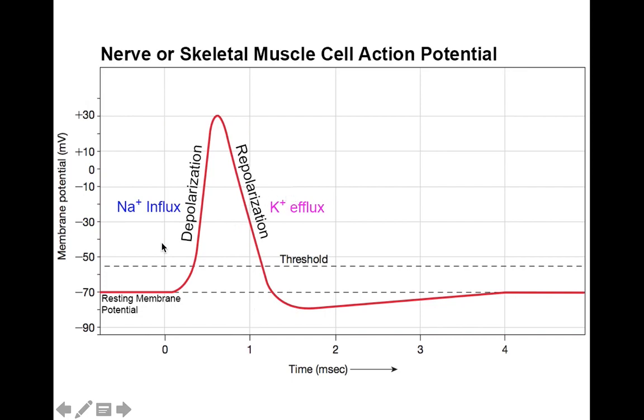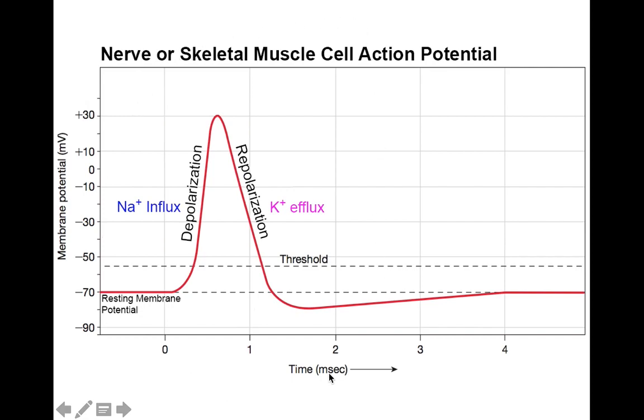So remember, resting membrane potential normally inside of the cell is more negative than the outside. If you open up sodium channels and sodium moves in, this positive charge moves into the cell, which makes the inside of the cell more positive. And then if you want to make the inside of the cell more negative again, the cell opens potassium channels, which means positive charge moves out of the cell, which makes the inside more negative again. So the membrane potential goes more negative again.